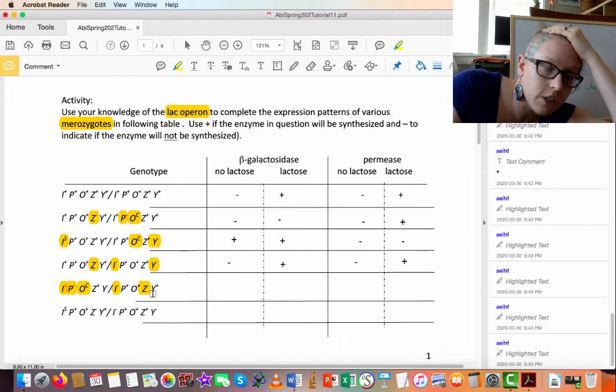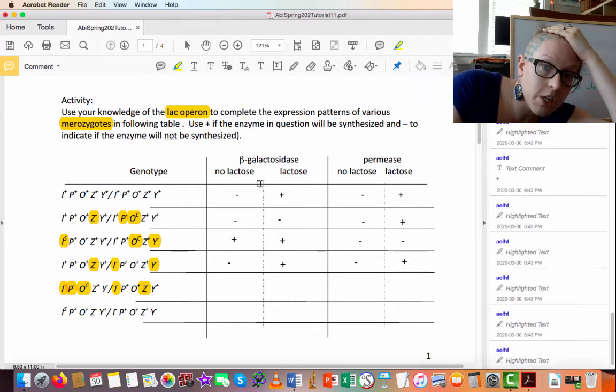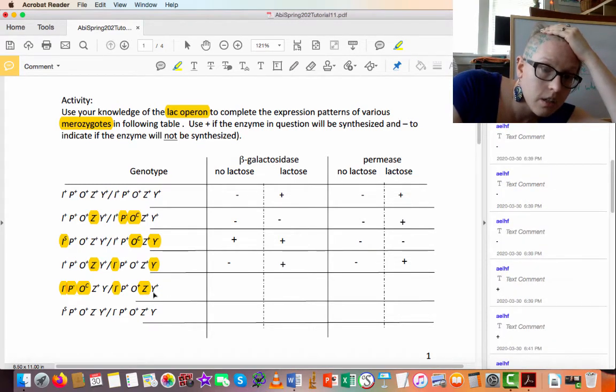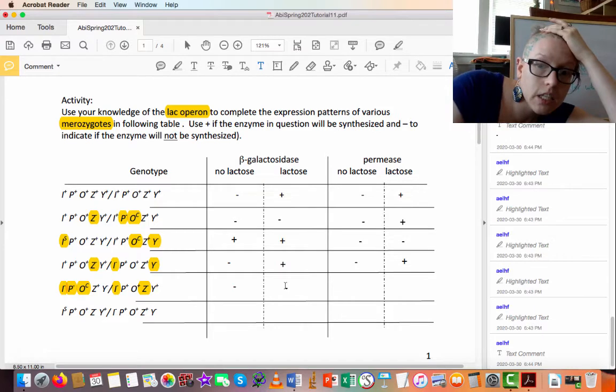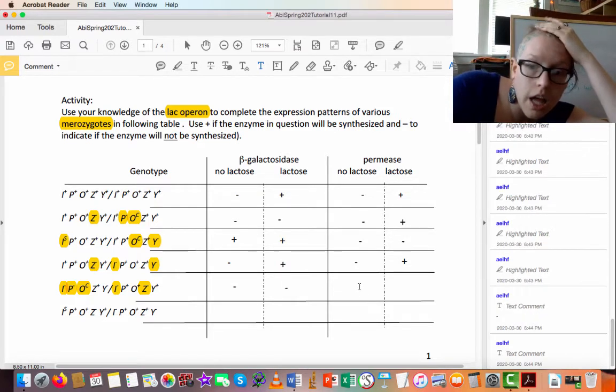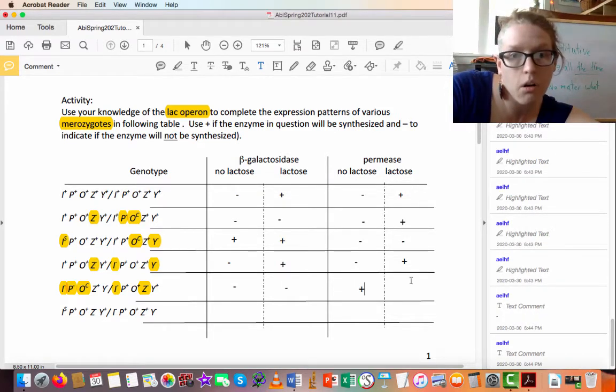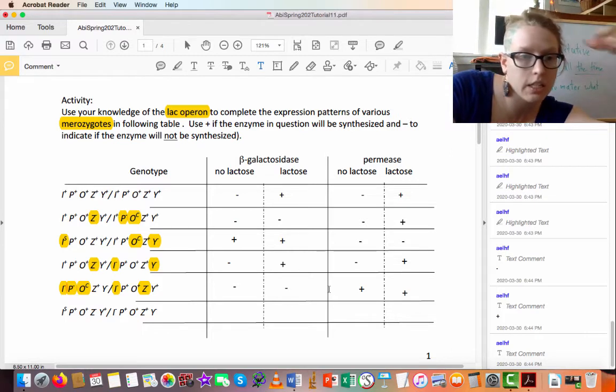We also have a non-functional Z. So there's going to be no galactosidase because we don't have a functional Z connected to a functional promoter. But there's always going to be a perfectly normal amount of Y because we have an operator and a promoter attached to Y. So we're going to have no galactosidase, and we're always going to have permease.